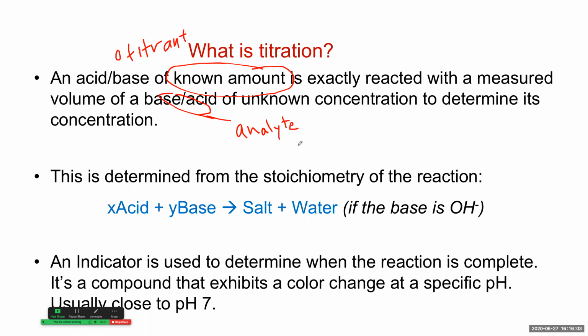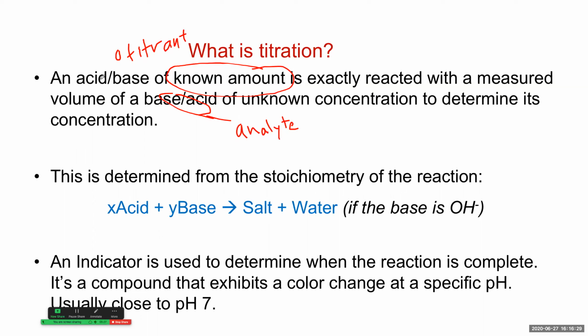So for example, in a titration, we might say, we're going to take 10 milliliters of this unknown base solution, and we're going to titrate it with an acid that we know the exact concentration of, say 0.1 molar HCl, and we're going to react it with this base until the reaction is complete.